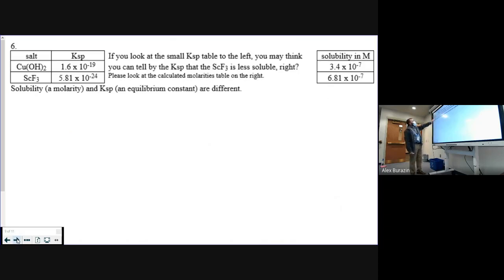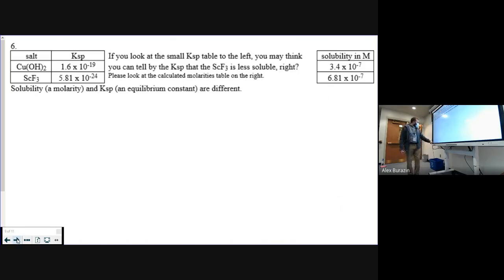When I dissolve this in water, I get one scandium, three fluorides. A total of three ions produced, a total of four ions produced. They produce a different number of ions, so I cannot directly compare the value of Ksp. If I try, there's a decent chance I'm going to screw it up.